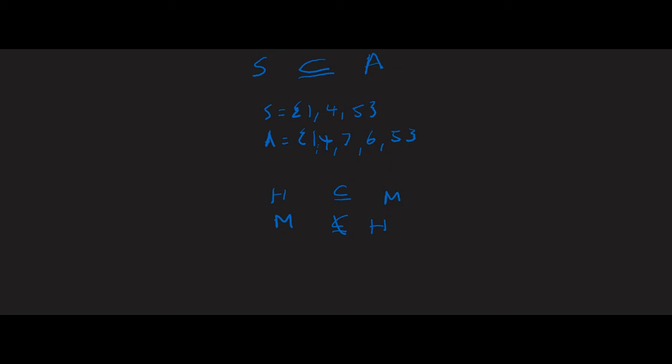So you can do the same thing here. A is not a subset of S because not all of A is in S, right? So that's a really clear sort of determination that you have to make, and you might have noticed this symbol over here. That's the opposite of a subset, so essentially means it's not a subset.